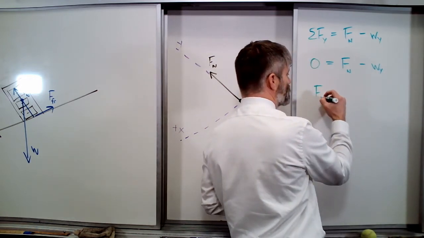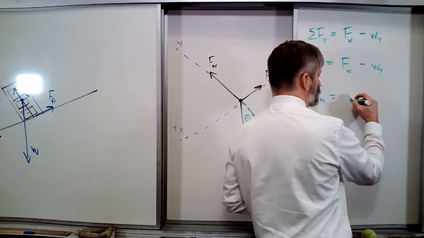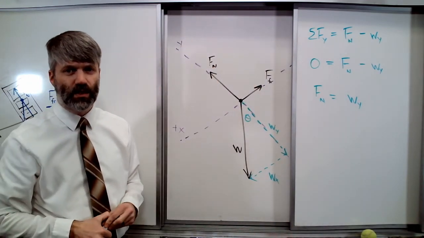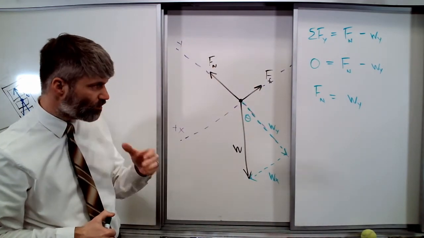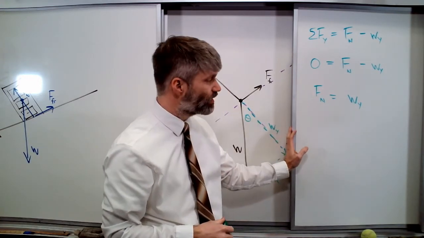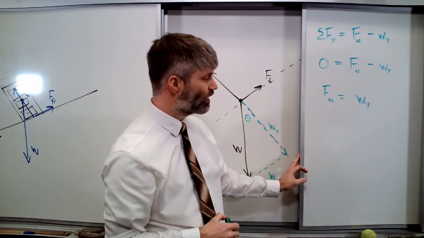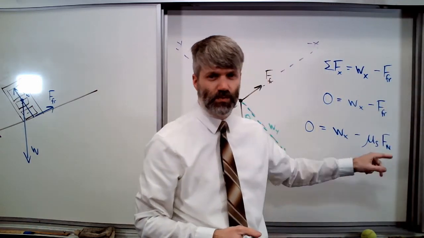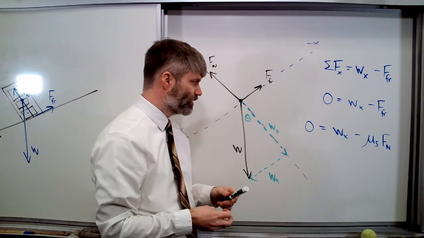So the normal force is equal to the y component of the weight of the object. So we can take this value, which we can find, knowing the mass of the object and the angle that it's at. We can put that into here to find the angle.